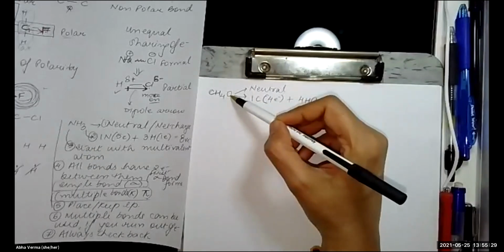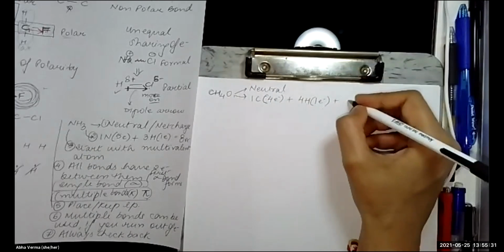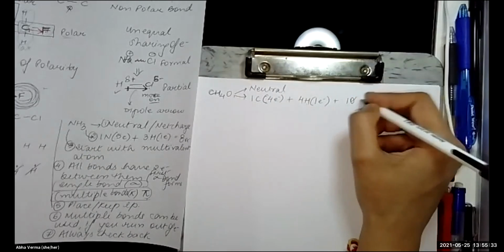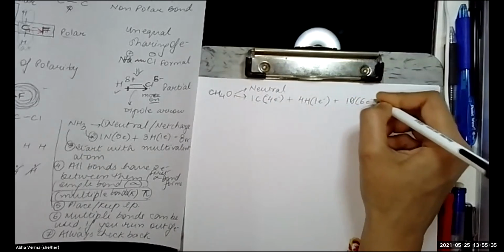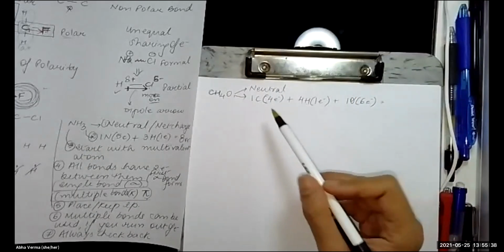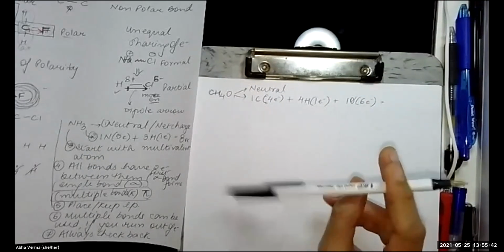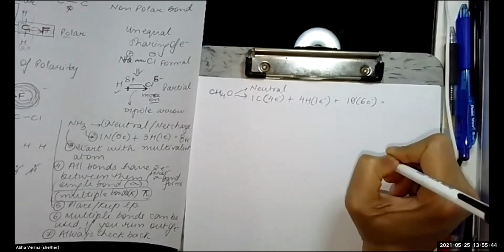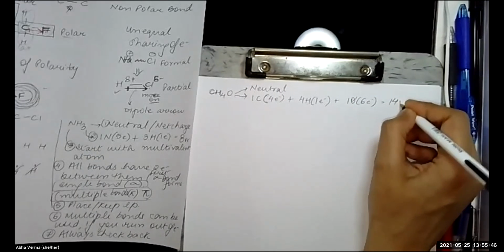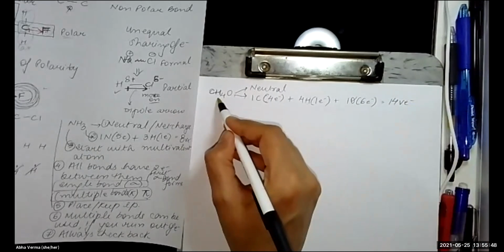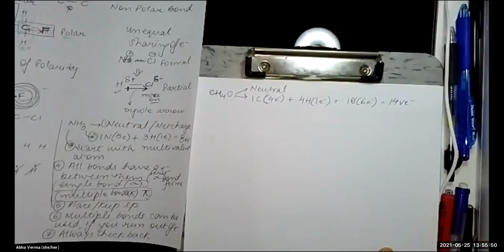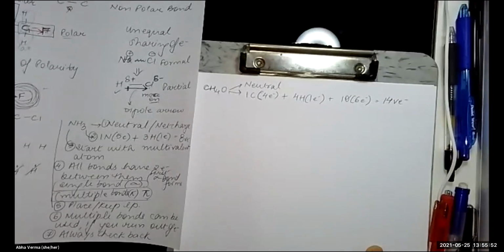And then I have 1 oxygen. 6 valence electrons. Very good. So 4 plus 4 is 8, plus 6 is 14, right? So this particular structure overall should have 14 valence electrons.